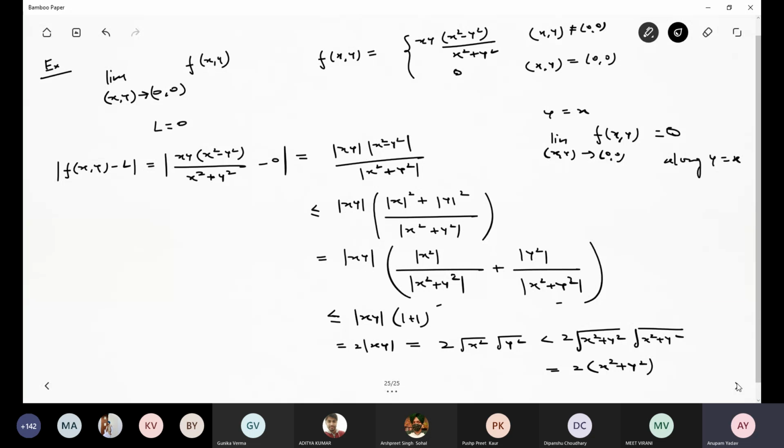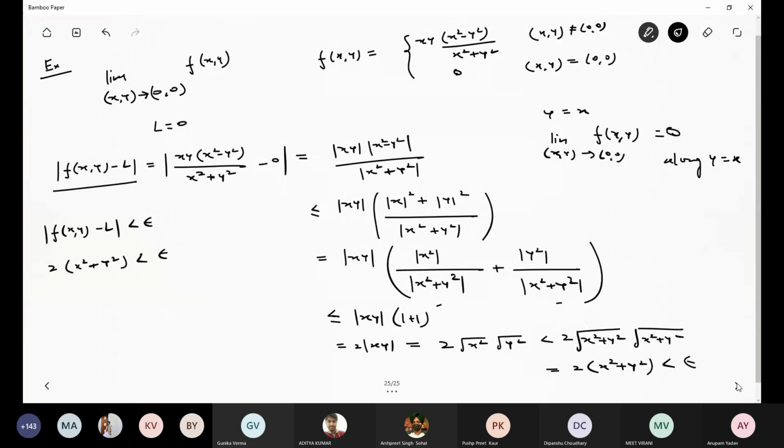Now if I choose this value less than epsilon, because this is positive and we are free to choose this epsilon, then what will happen, this mod f(x,y) minus L will also be less than epsilon. So the moment you do this, mod f(x,y) minus L is less than epsilon. But this is less than epsilon when 2 times x square plus y square is less than epsilon, the last step.